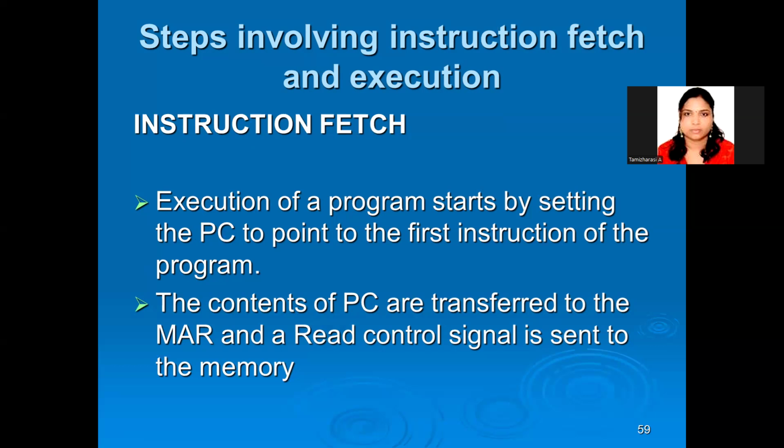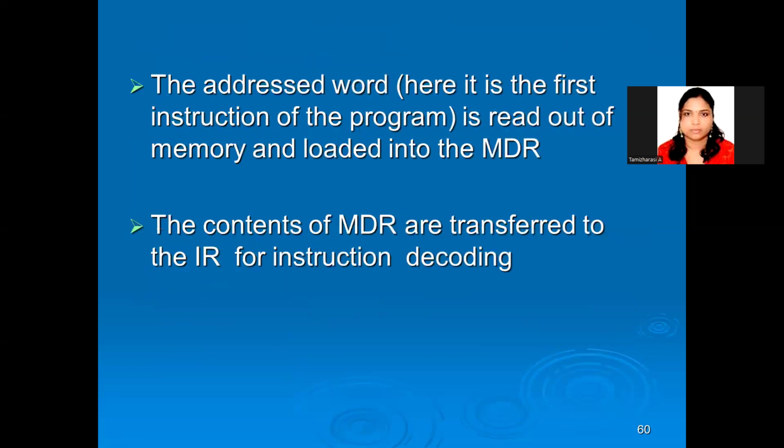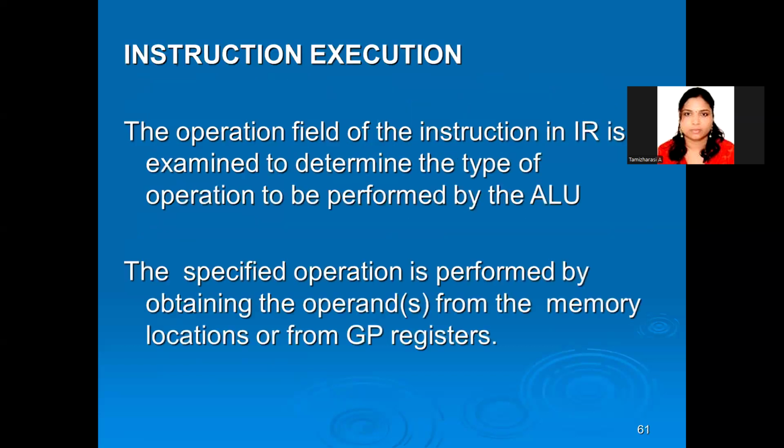Only after receiving the read control signal does the processor understand that it has to read the data. It is then transferred to MDR, and from MDR the contents are transferred to IR, followed by instruction decoding. All these steps come under the instruction fetch.